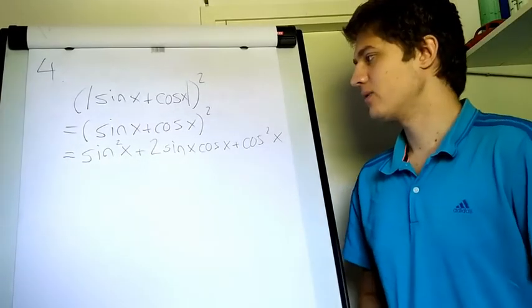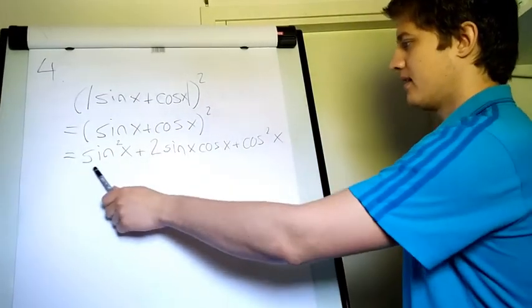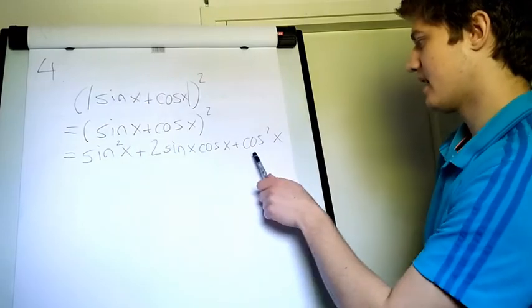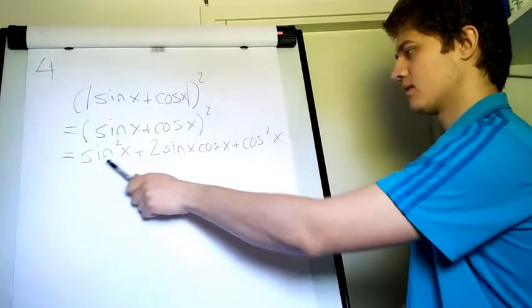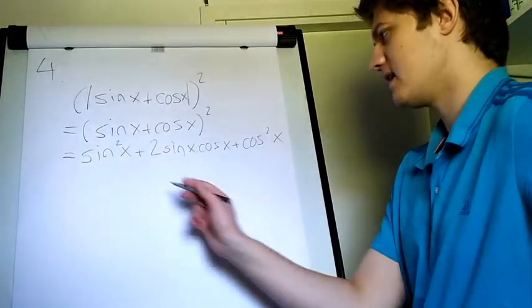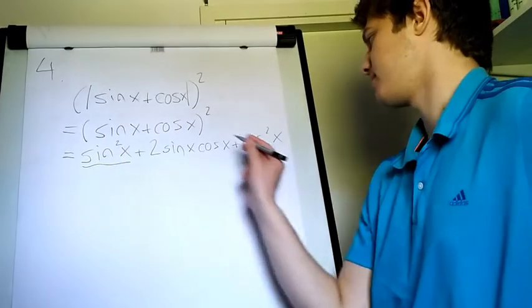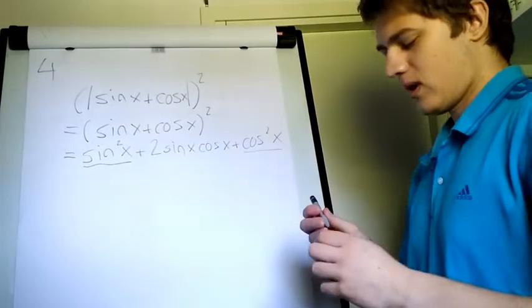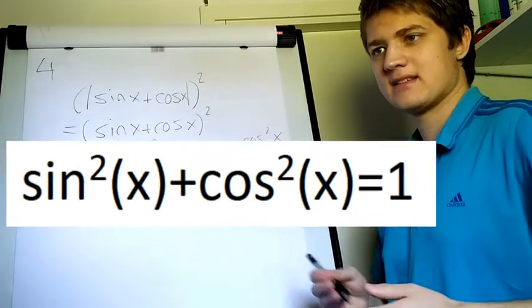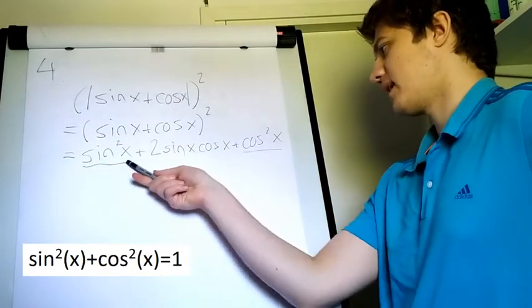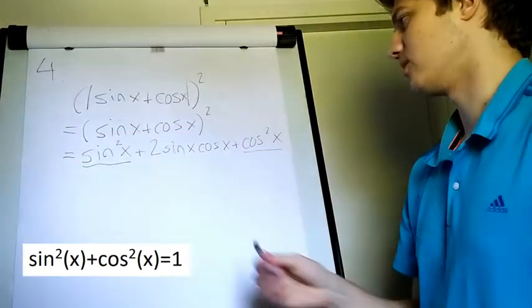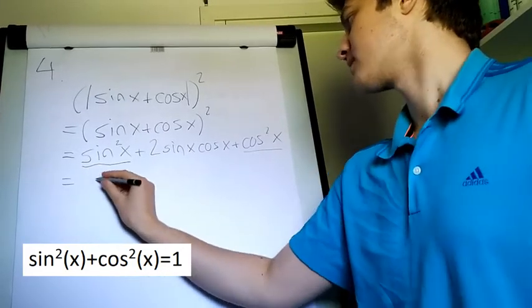And now we see that there's sine squared x and cosine squared x. When we combine them, what did they equal? Take a look at them. We had a formula I hinted at, the fact that sine squared x plus cosine squared x equals 1. So we get this.